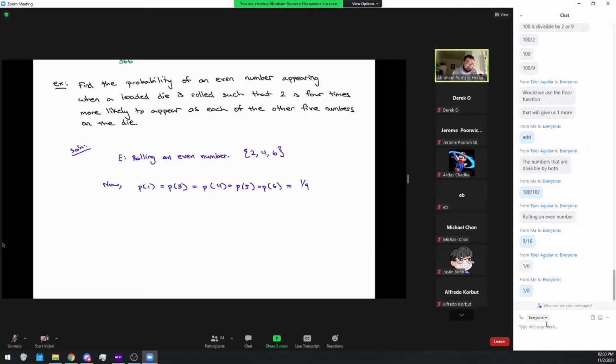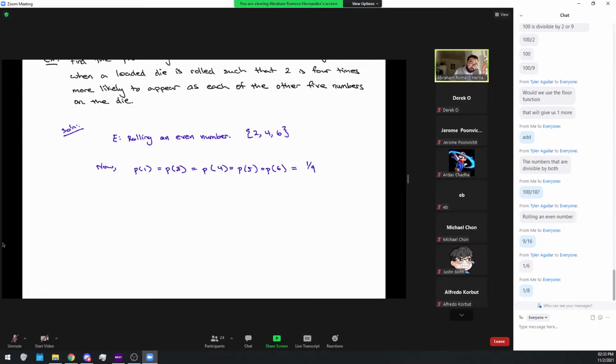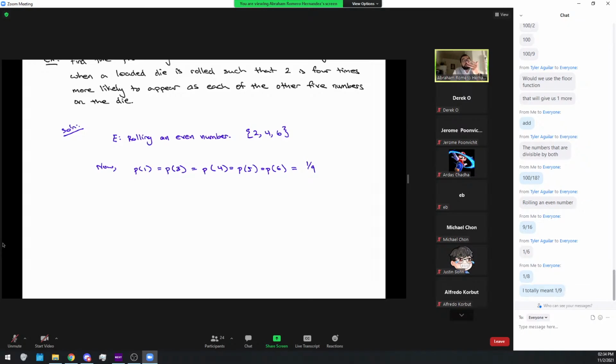Now, why 1/9? Well, the probability of 2 appearing is 4 times more likely than any other number. So that means, oh, you did 1/8. No, not 1/8. It's actually 1/9, because 1, 2, oh, forgetting 2. 1, 3, 4, 5, 6.